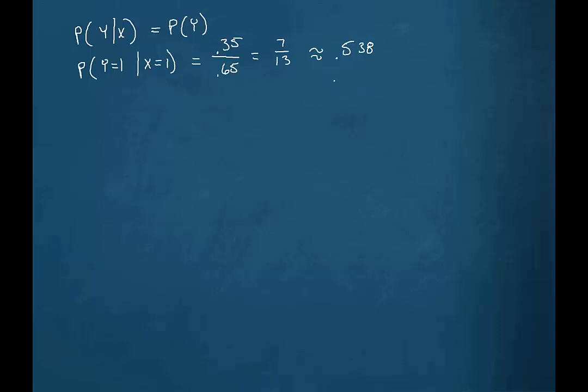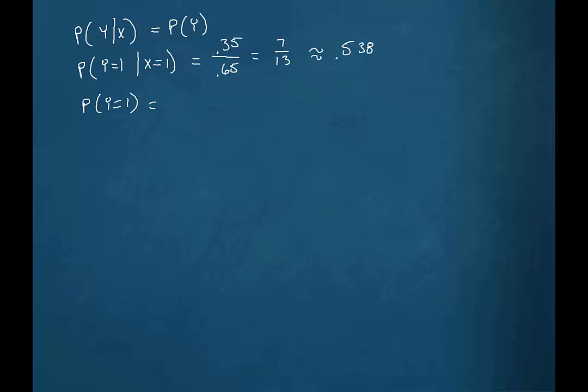So we found this probability. Now, in order for us to show that these random variables are independent, we would need to show that this probability, that Y is equal to 1, is the same as this conditional probability. If they are independent, then we would be able to show this for each value of X and Y.